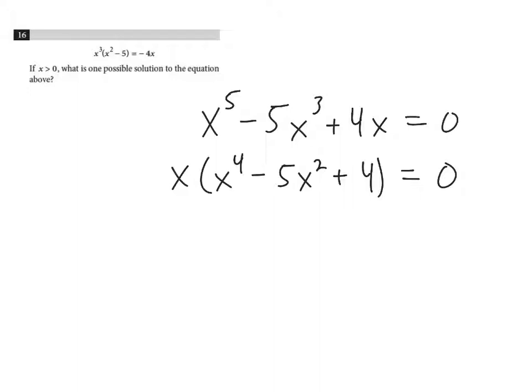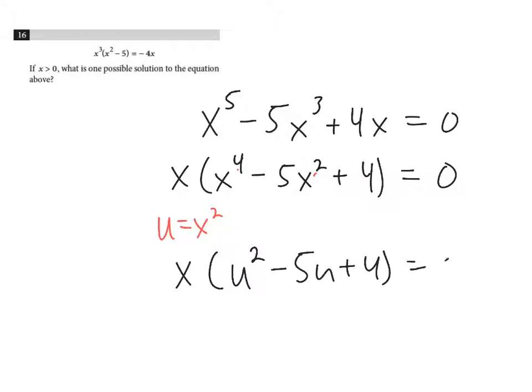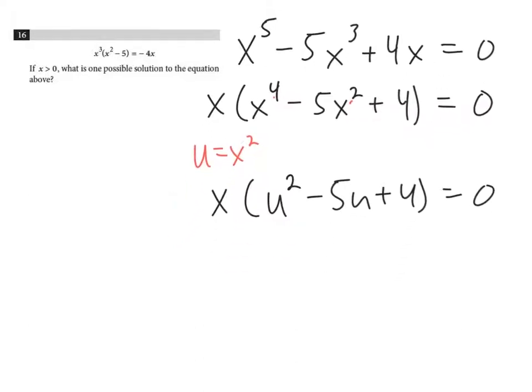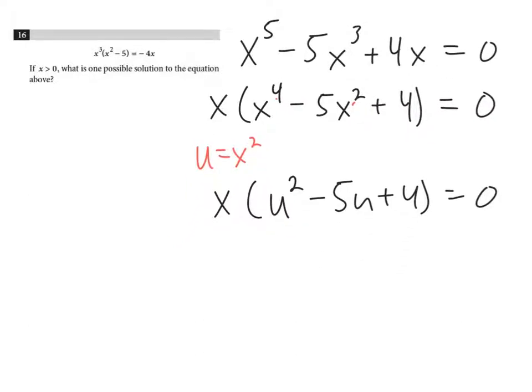Okay, well, I'm recognizing this is a multiple of 2, and this is a multiple of 2 here. So what I could do is say if u equals x squared, then I can do a substitution. I'll get x times (u squared minus 5u plus 4) equals 0. Now factoring is going to be much easier.